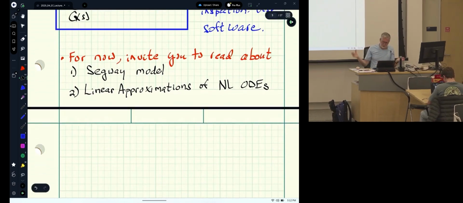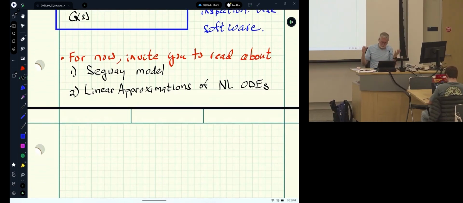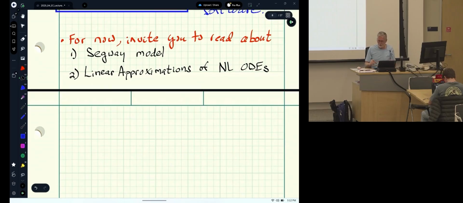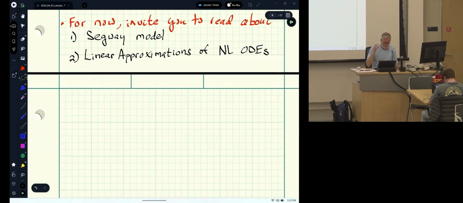I think that material will be easier for you to kind of scan on your own, and then we can go through a little bit more slowly BIBO stability and manipulating transfer functions. So this is going to allow me to do the following.